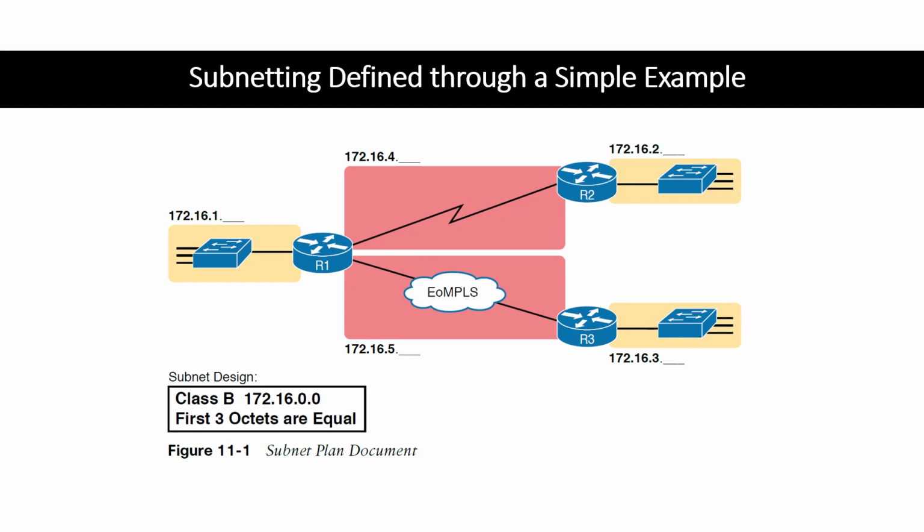Every layer 3 boundary, every router, defines a broadcast domain. So one interface on a router, hey, that's one broadcast domain. That is one subnet you need to define. And why do you need to define it? You need to define it for identification of hosts.